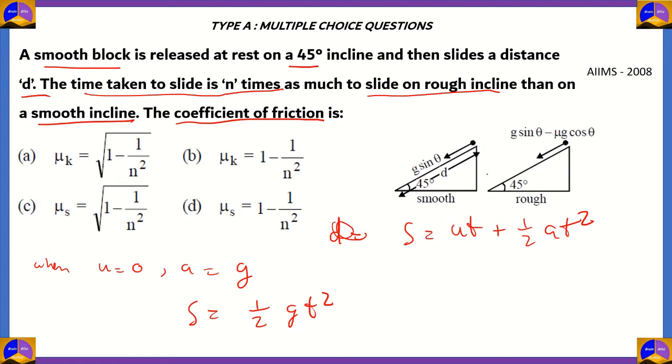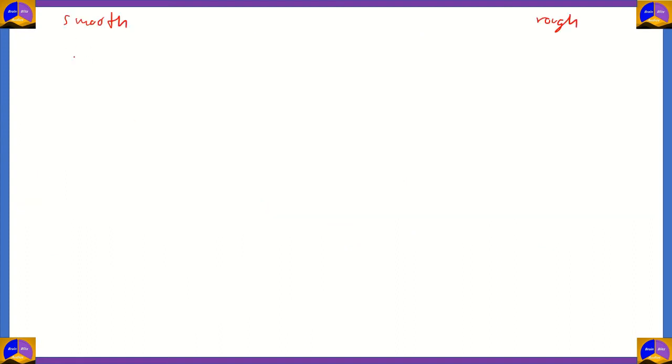Therefore, g sine theta will be the acceleration of the object as it slides down the smooth plane, because there is no force to oppose it. So there is only acceleration along gravity, and that too with respect to theta. So in a smooth plane, the value of the acceleration is equal to g sine theta.